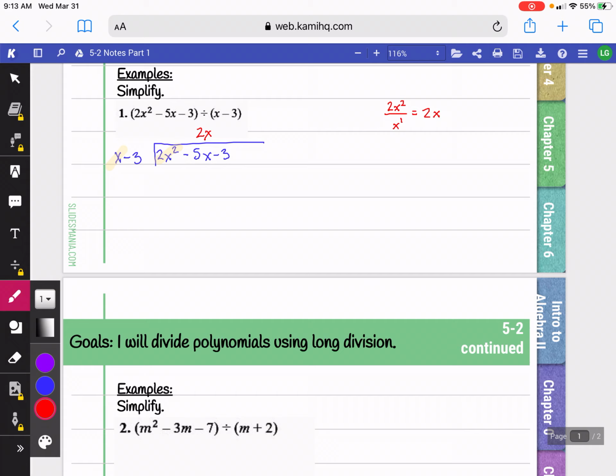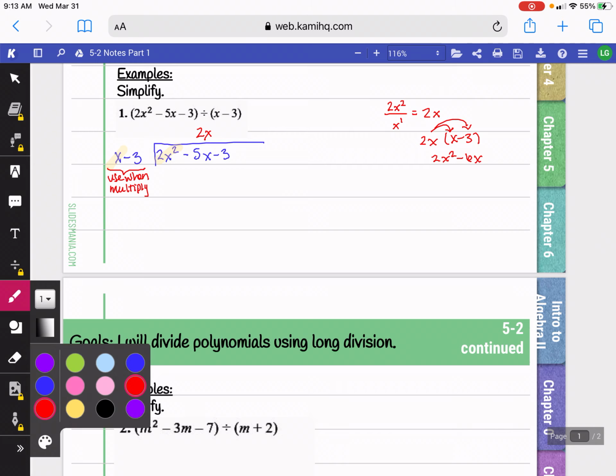Your next step is to take that 2x and multiply it here by this x minus 3. So we use this when we multiply. So I get 2x squared minus 6x. Our next step is to subtract.